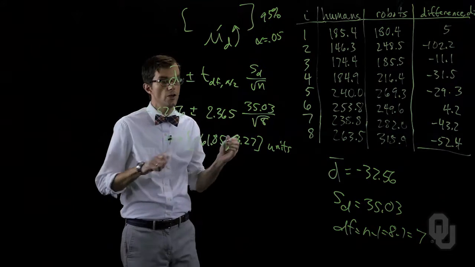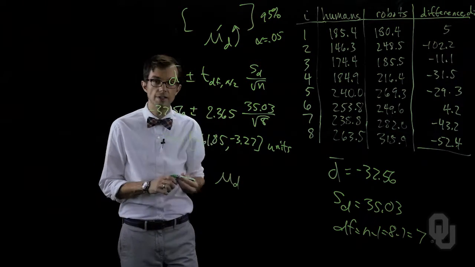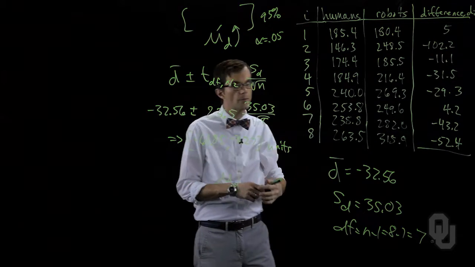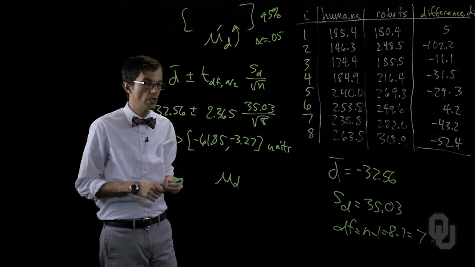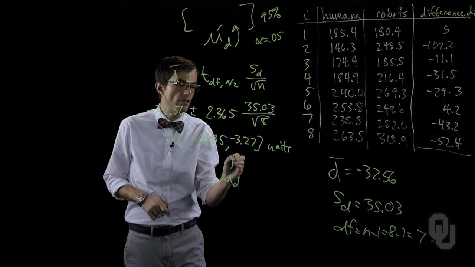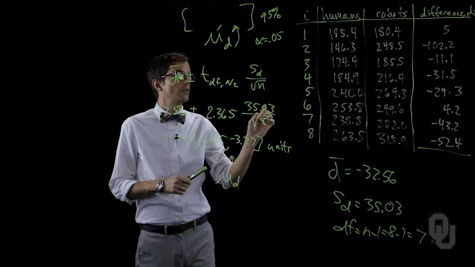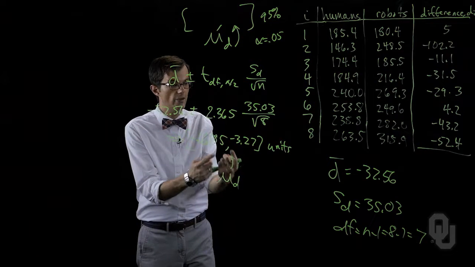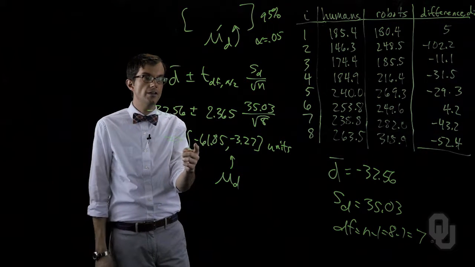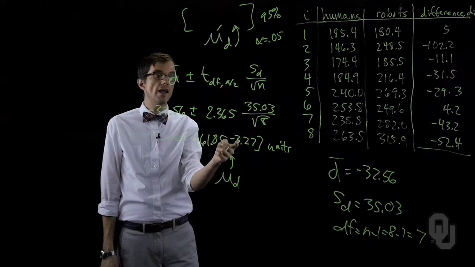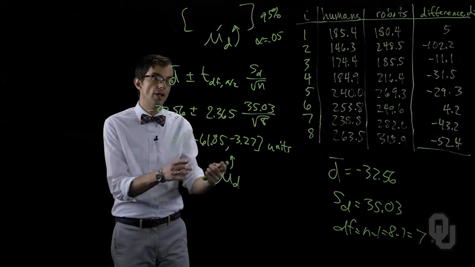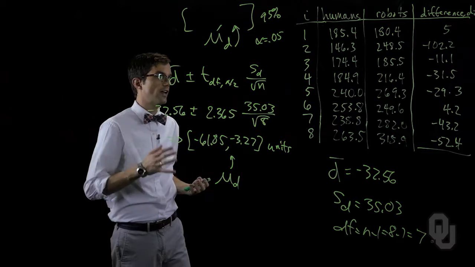So I think the true difference in throughput from humans to robots, between the human schedulers and the robotic automated schedulers, lies in here somewhere between negative 61.85 and negative 3.27 with 95% confidence. Both those bounds are negative. What does that suggest?